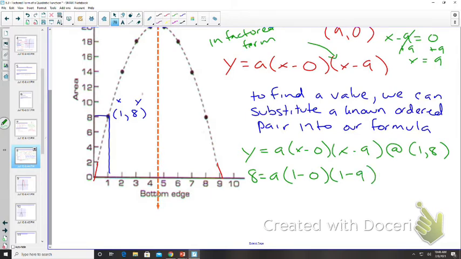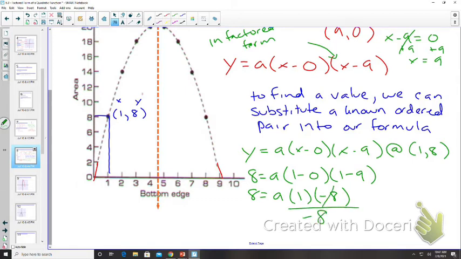And I know you guys will just use your graphing calculators to do this, right? To solve. I'm old school. 1 minus 9 is negative 8. Yeah, so negative 8 times positive 1 is negative 8.